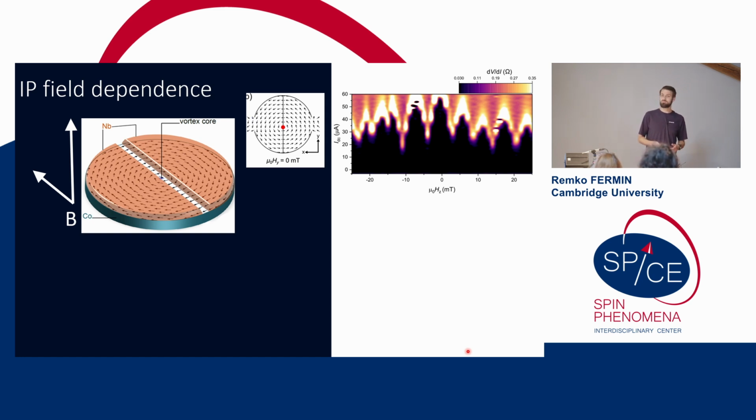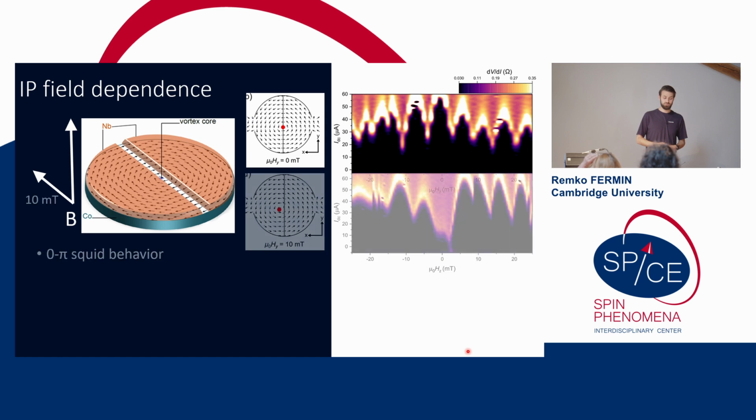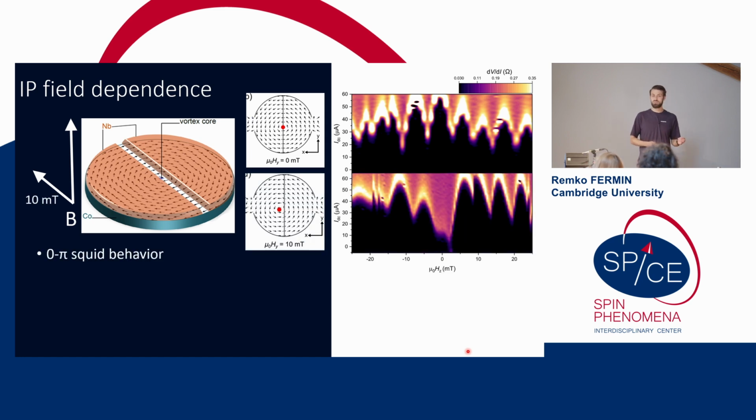Now we will start applying an in-plane field as well as an out-of-plane field, so a constant in-plane field of 10 millitesla, and we start sweeping the out-of-plane magnetic field at the same time. When we apply this in-plane field, we start to deform the spin texture, and we start effectively to move the vortex core away from the trench.